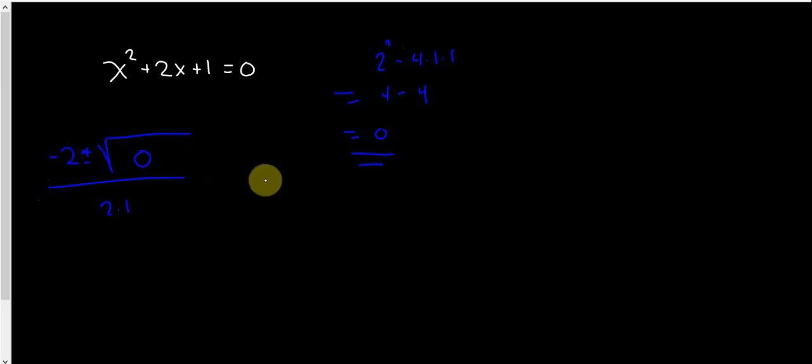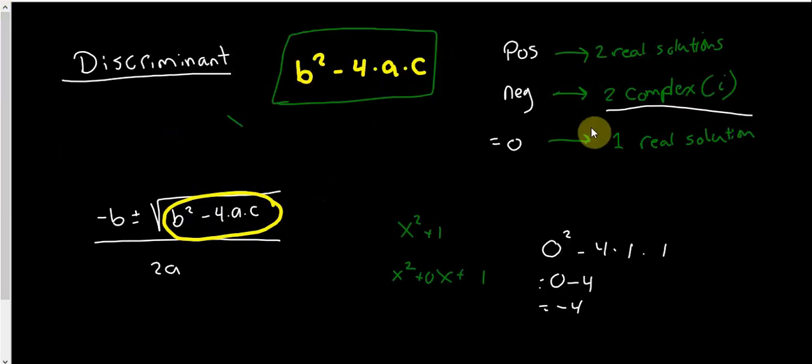And so what I get here is negative 2 divided by 2, negative 1. Huh, okay, interesting. Whether I add or subtract 0, I get negative 1 either way, right? All right, so I only got one solution.